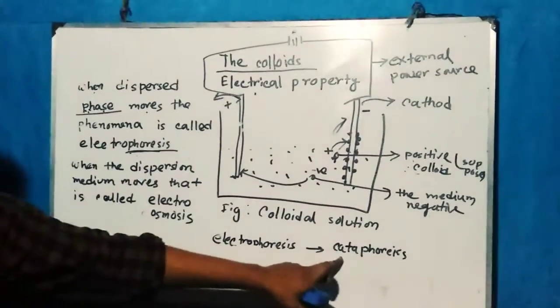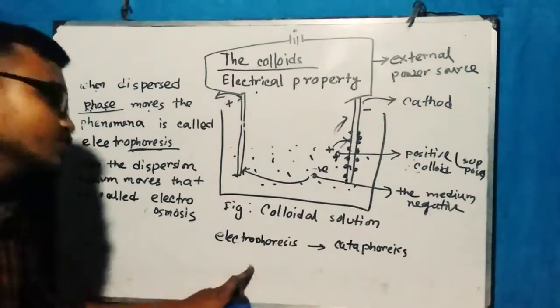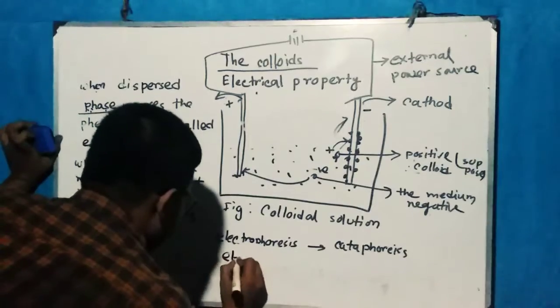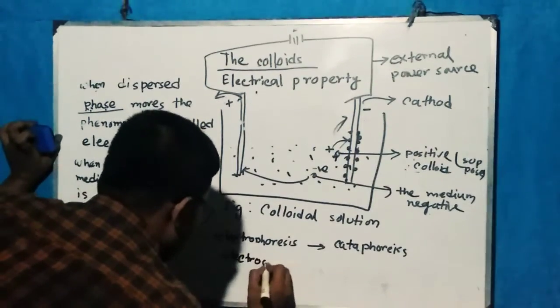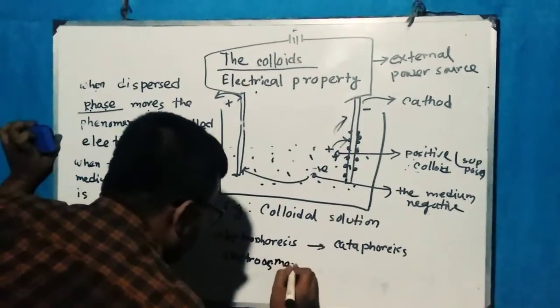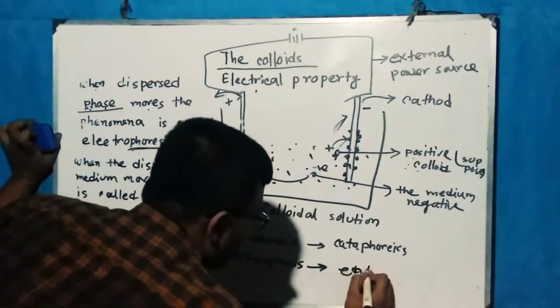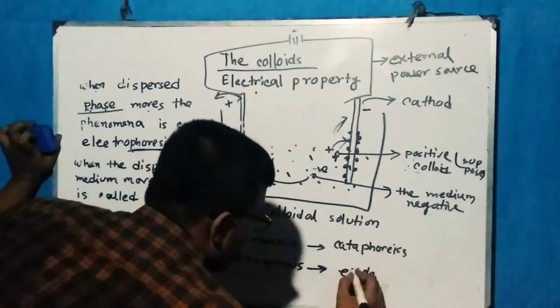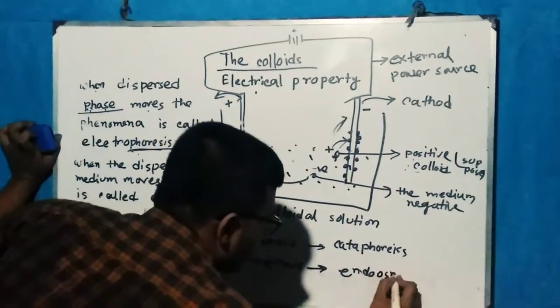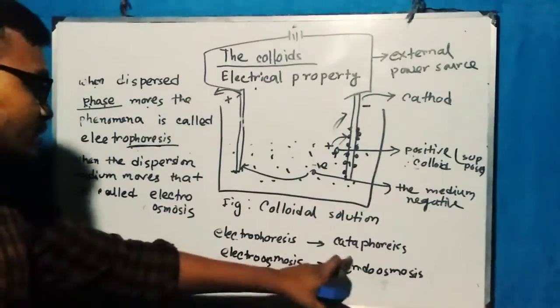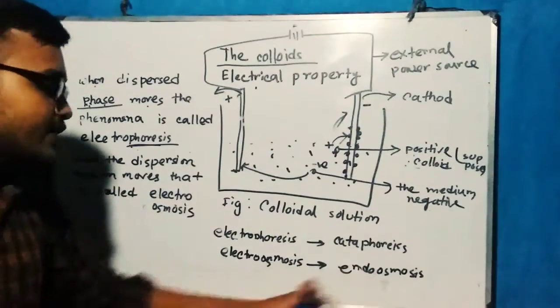The cataphoresis process and the electrophoresis process are nothing but synonyms. Electro-osmosis is called end-osmosis. So electrophoresis is called cataphoresis, and electro-osmosis is called end-osmosis.